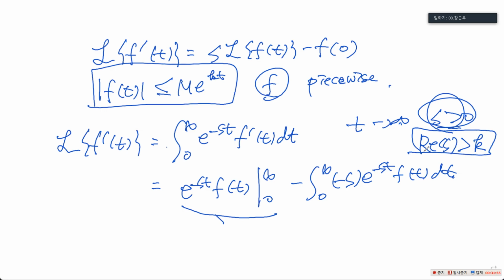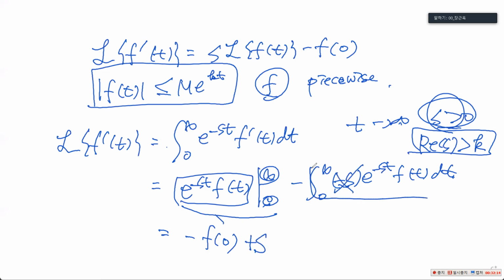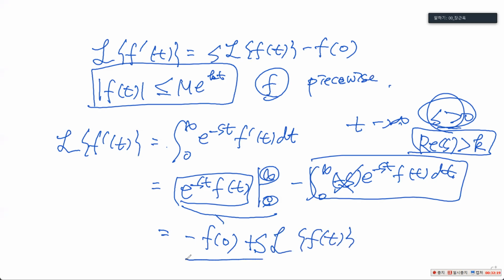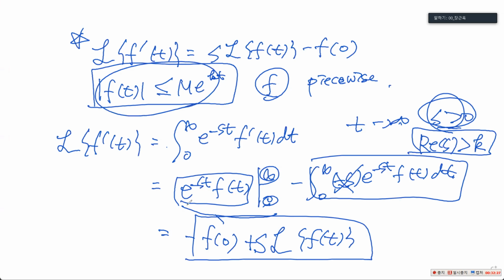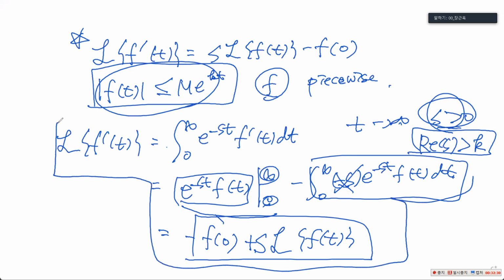This MK condition is true, and at infinity, the function converges to 0. Okay? And putting in 0, it becomes negative f(0). And this part becomes s times the integral of e to the minus st f(t) dt, which is the Laplace transform of f(t). Okay? So we can prove this. So we can say that if the MK condition is satisfied, this relation is always true. 자, 증명했고요.